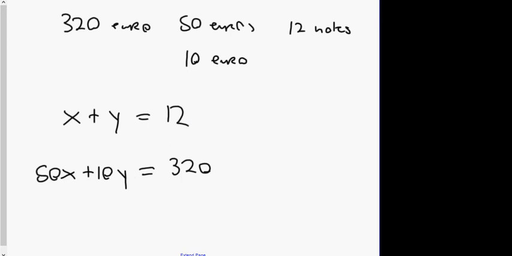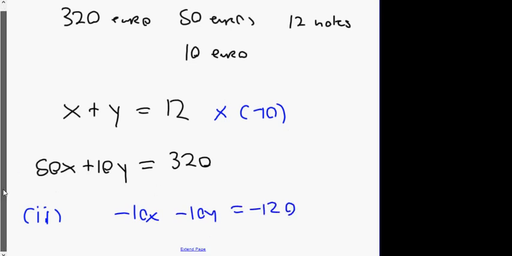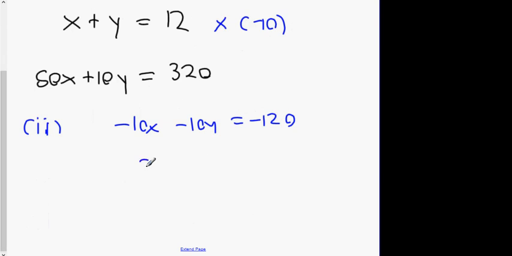Next one. Pick a letter to get rid of to solve it. Part 2. How'd you solve this then? You want to get rid of y, so you multiply the top by minus 10: minus 10x minus 10y equals minus 120. Underneath that, 50x plus 10y equals 320.